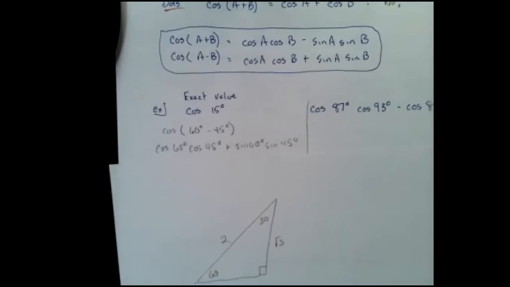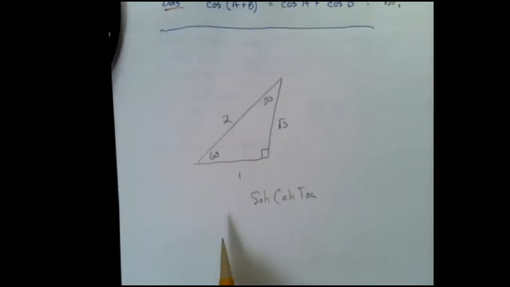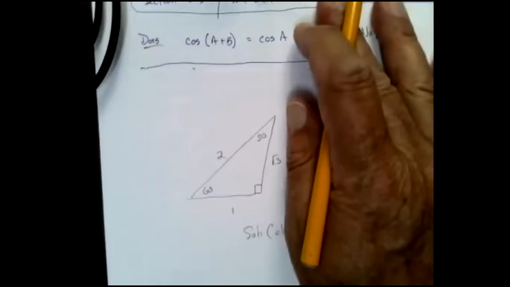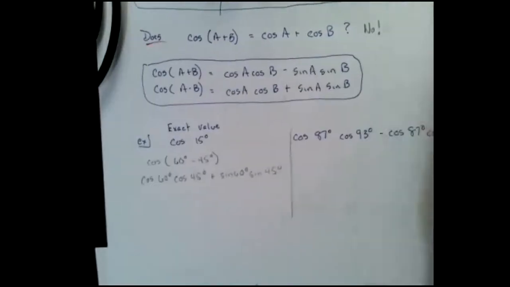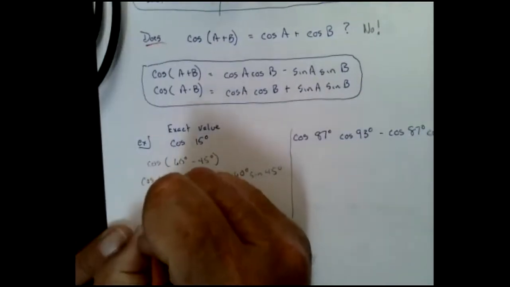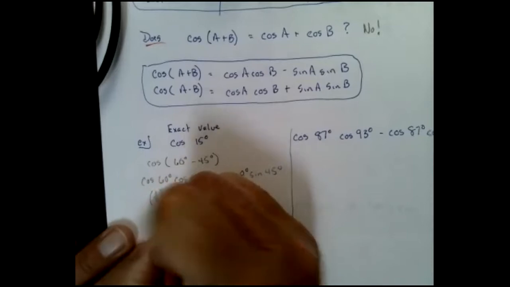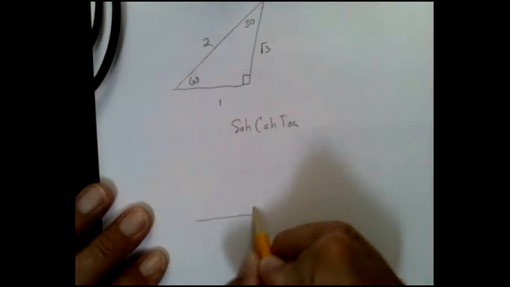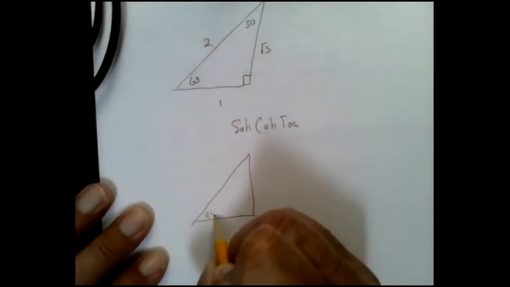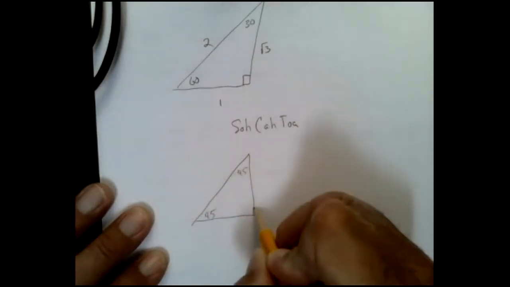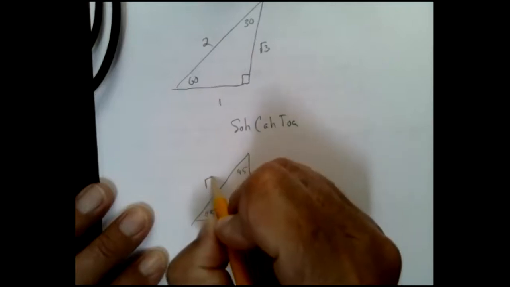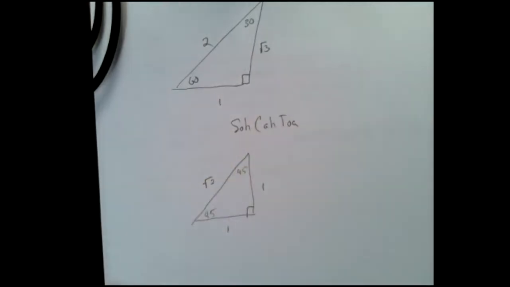The cosine of 60, adjacent over hypotenuse, so it's going to become 1/2 times cosine of 45 degrees. I've done these several times. 1, 1, square root of 2, so the cosine of that is 1 over the square root of 2.